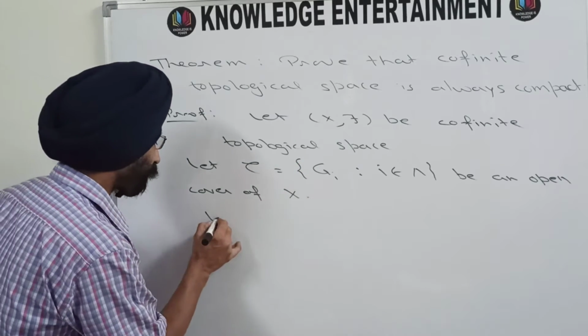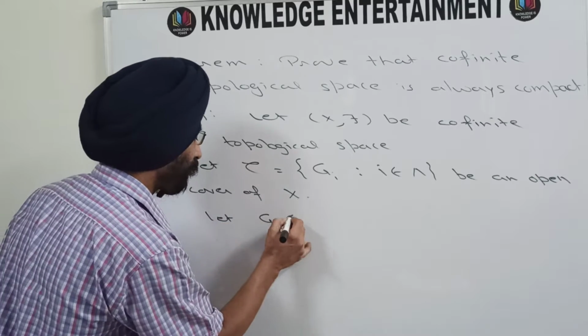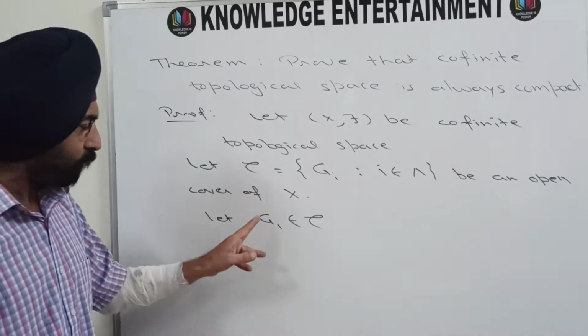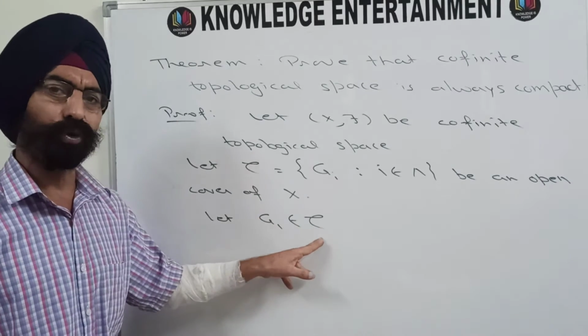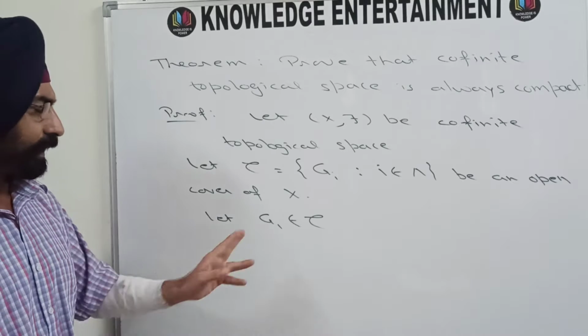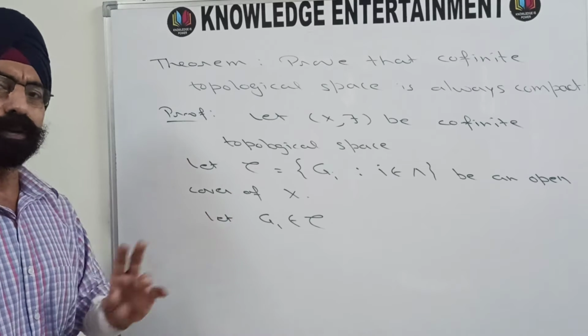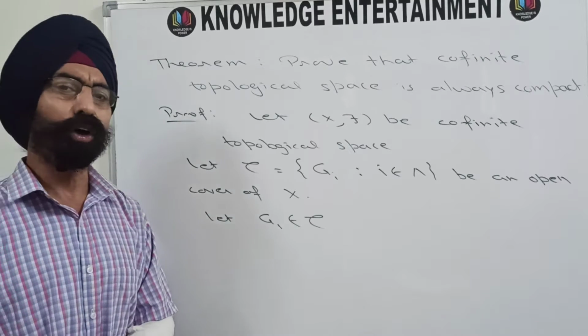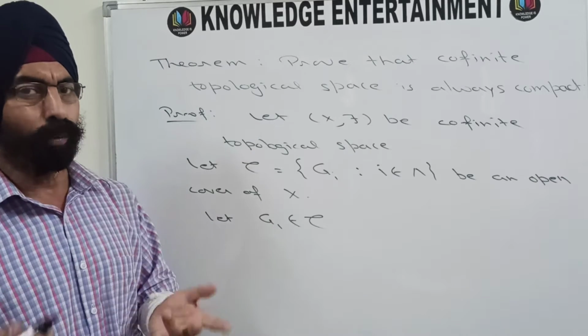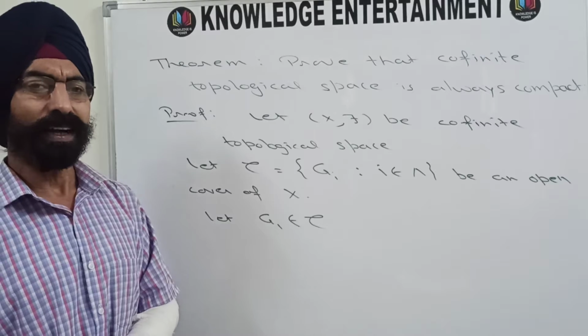So let G1 be a particular member of C. Now G1 is a member of open cover. That means G1 is an open set. G1 is an open set. And if it is an open set, it must be a member of top. And if it is a member of top, then its complement must be finite.